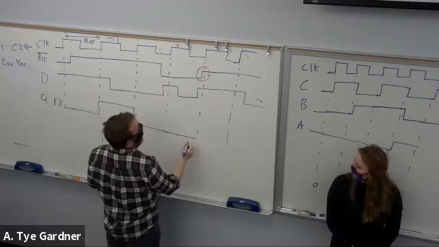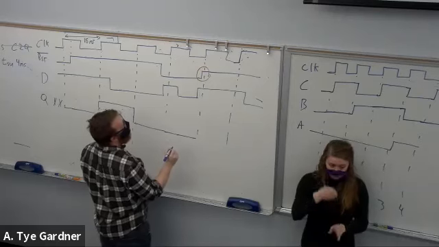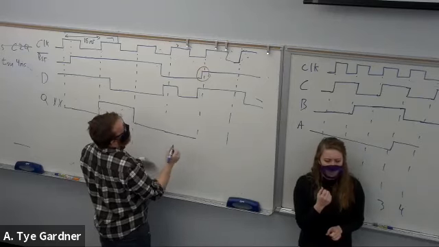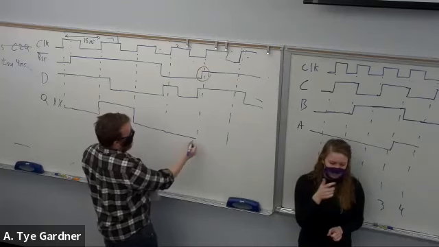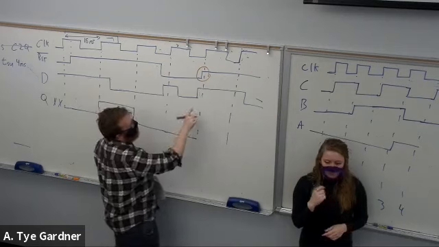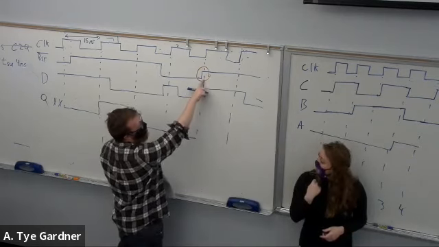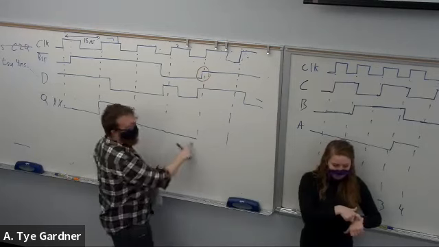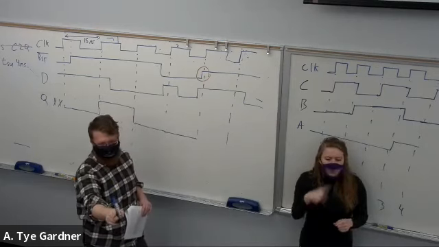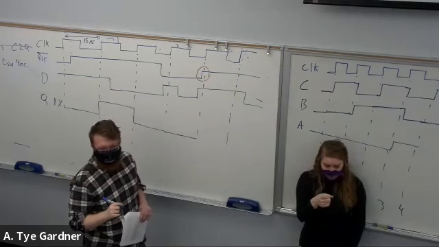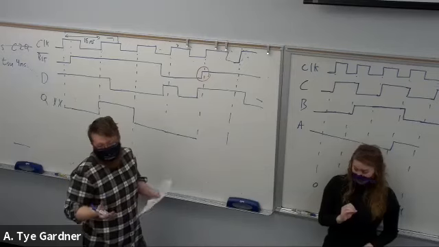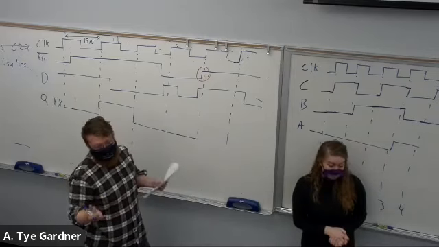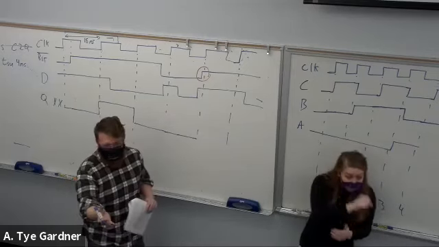Right. Now this one is kind of an interesting issue. Here we don't meet setup time. What do you think happens to Q? That stays at 0. It might, but we don't know. It's a good guess, and it probably is what happens.